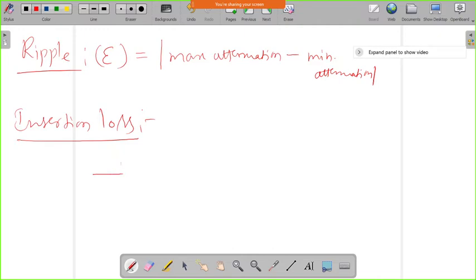Now if I have a source which feeds power to the load, what is meant by insertion loss?